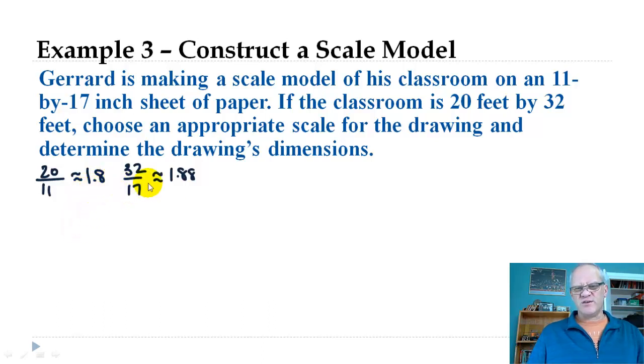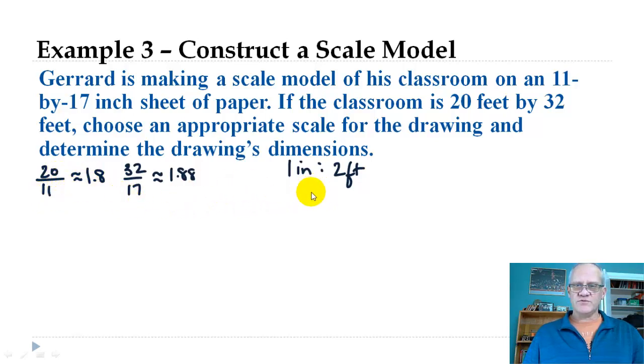I don't want to use a scale factor of that. Just go up maybe to the next highest thing. We could take both of these to 2, right? So we could make a scale and say for each inch there will be 2 feet. Okay, right? Because for each inch here, if we went 11 inches times 1.8, we would get 20.